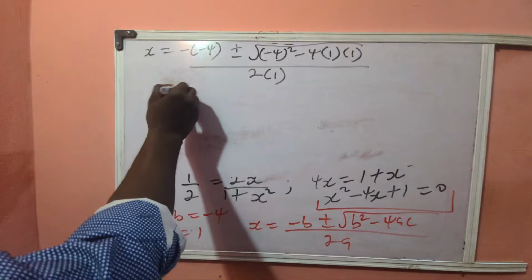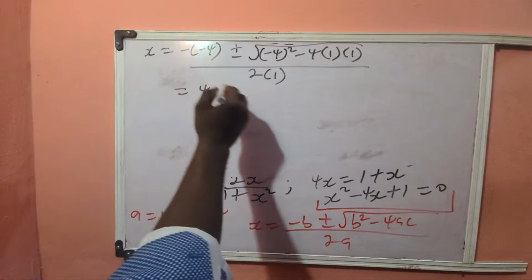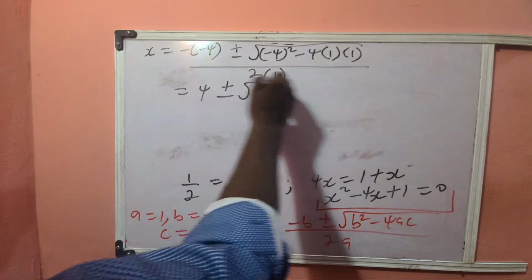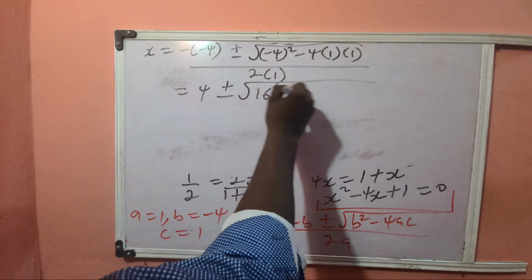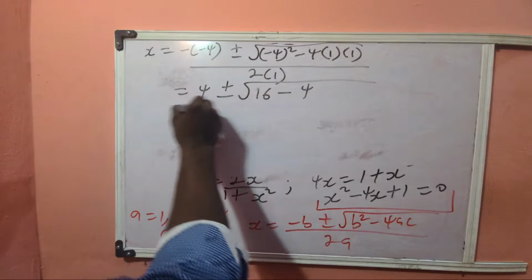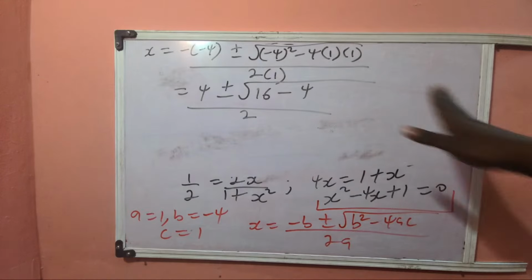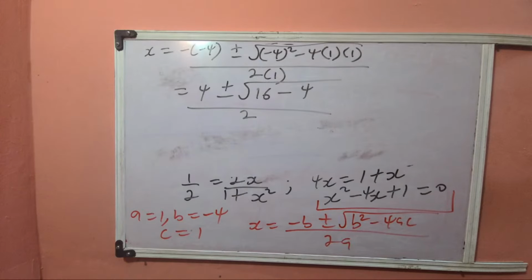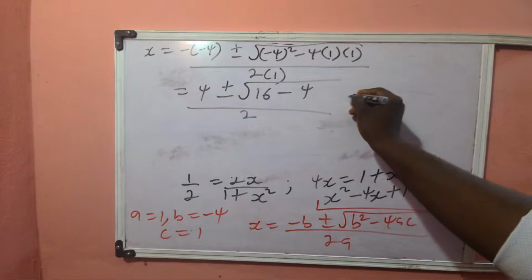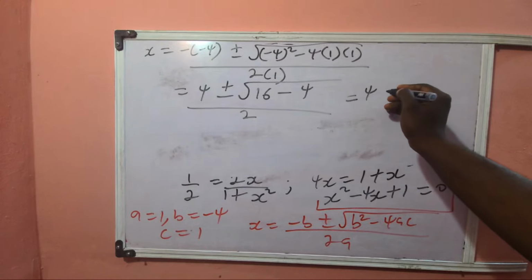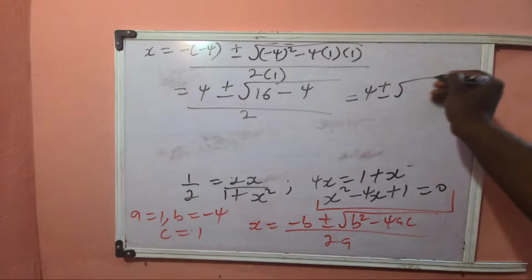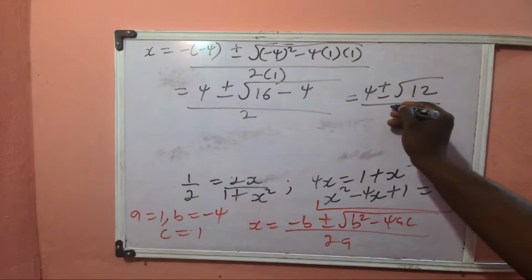Going on to solve this, we have 4 plus or minus the square root of 16 minus 4, everything over 2. I'm sure you can follow this. So this will be equal to 4 plus or minus the square root of 12 over 2.